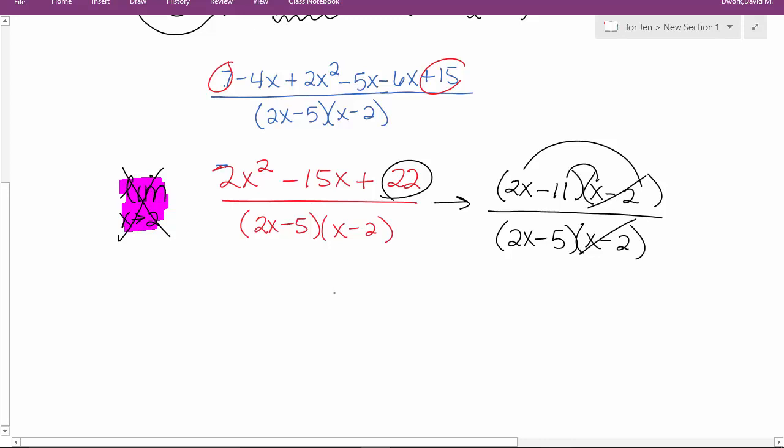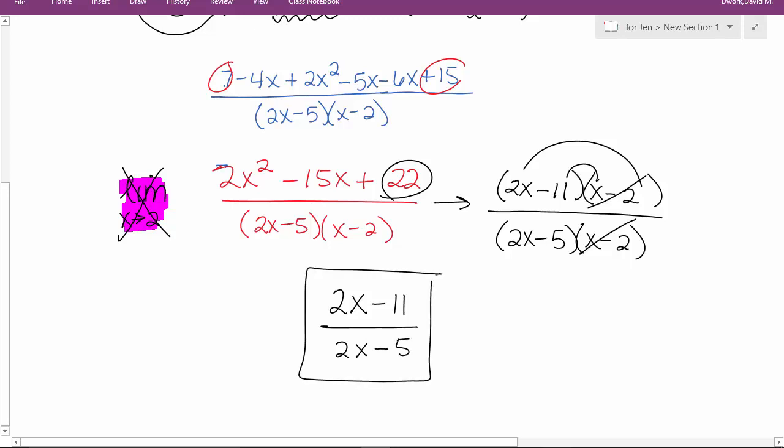These reduce, and my final answer, if I were just adding those two polynomials together, looks something like so. I'll also add, even though this is something we are familiar with, that this does not reduce, meaning this 2x and this 2x do not reduce, because you would need to factor to reduce. 2x cannot be factored out, therefore it cannot be reduced. I hope you find this helpful.